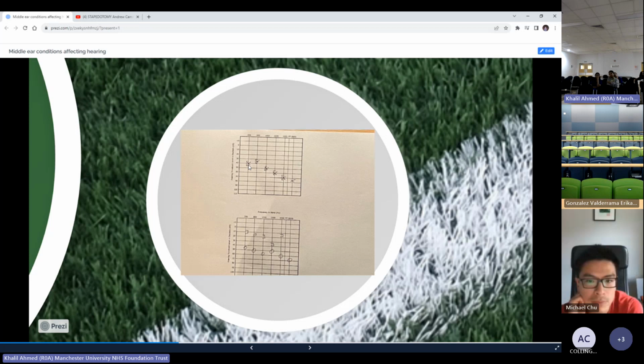As Khalil says, X's are right, circles are left. That's air conduction. 40 to 45, 35 to 50, 50 to nearly 60. So they're similar. Maybe the left one is just slightly worse in air conduction than the right.